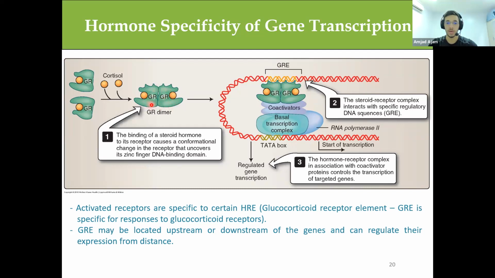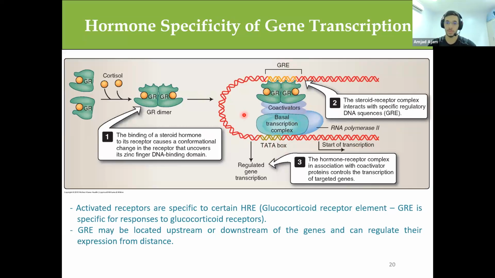Once we have this complex, and of course it forms a dimer, so they undergo dimerization as we mentioned, then it will enter the nucleus and bind to the hormone response element on the DNA sequence. In this example, it is called the glucocorticoid response element. Once the complex binds to this GRE, it will induce transcription.